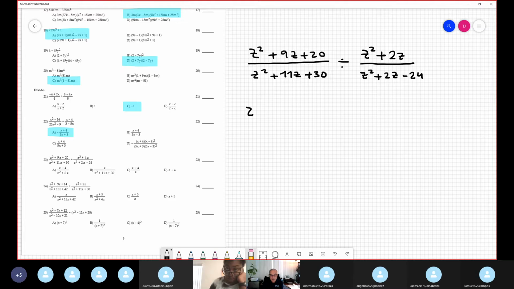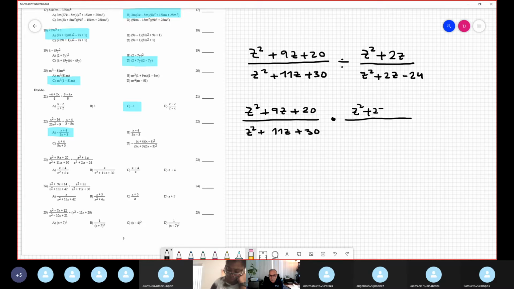Okay, I copy the first fraction exactly the same. However, I change this operation from division to multiplication, and I will flip the second fraction: c squared plus 2c minus 24 over c squared plus 2c.